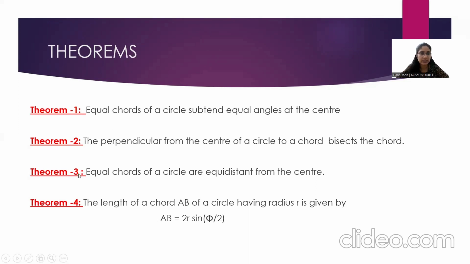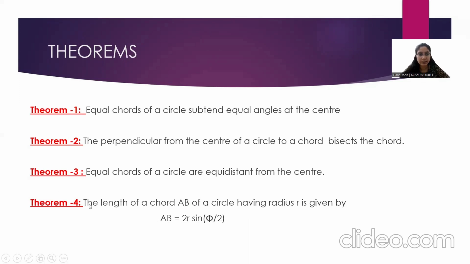Theorem 3 states that equal chords of a circle are equidistant from the center. That is, if you are having two equal chords in a circle, then their distances from the center will be equal. What was theorem 4? The fourth theorem states that the length of a chord AB of a circle having radius R is given by AB equal to 2R sine phi by 2.